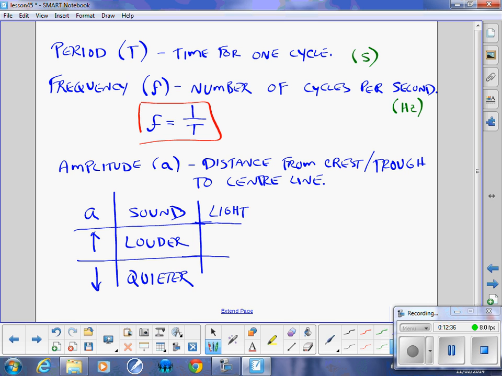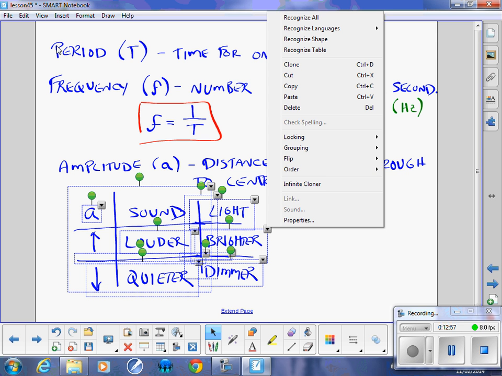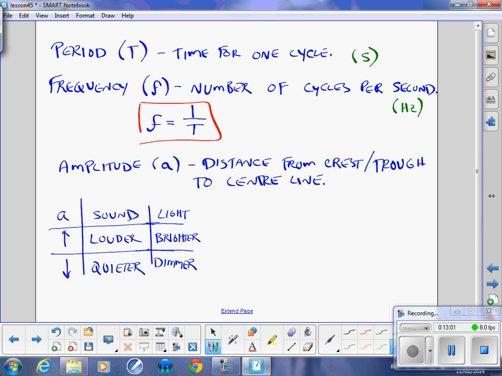Okay, so if it gets louder in sound, then we would assume the connection would be brighter in terms of light, which means if we decrease the amplitude, it would then become dimmer. Okay, so there is your jump or connection when we move from the grade 11 course into our grade 12 course with light.